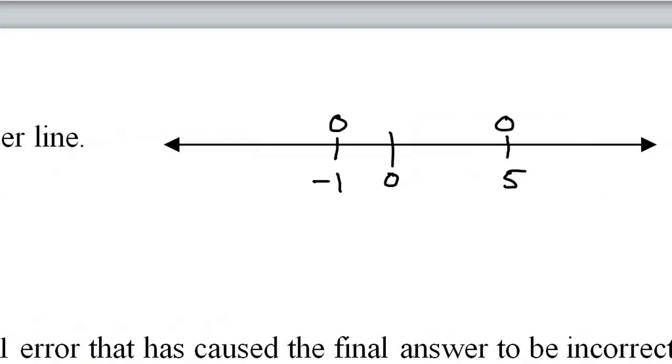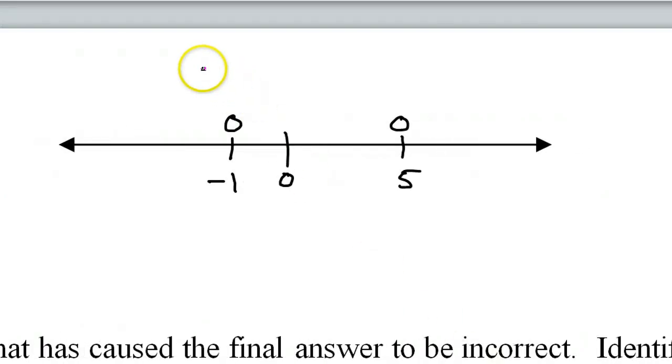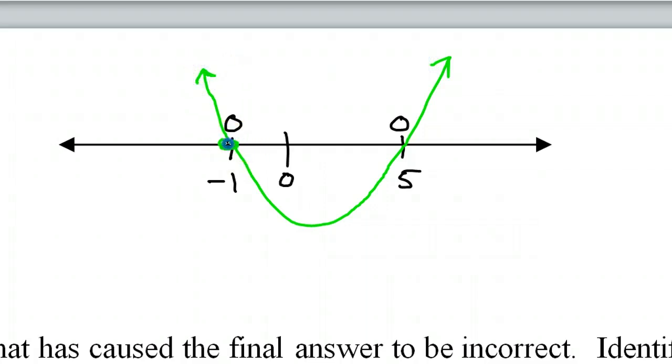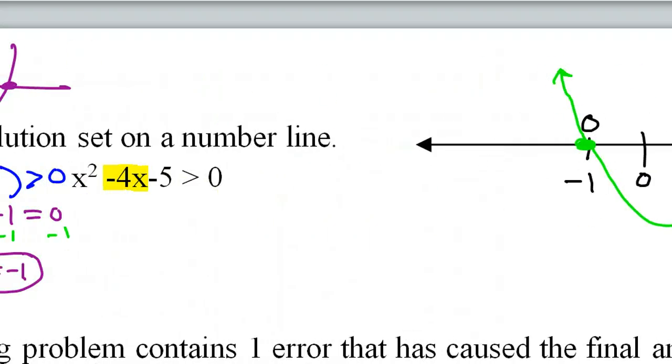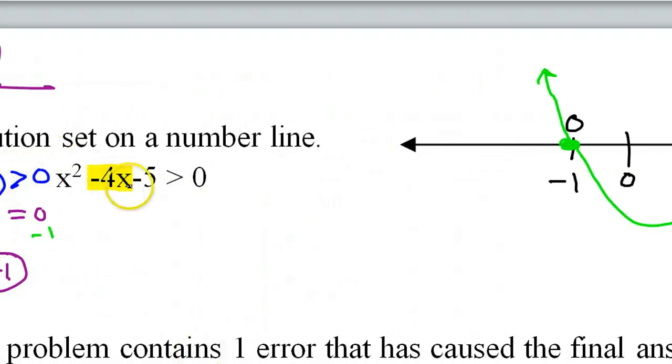So what you should do is picture this upward facing parabola, and you can go ahead and draw it. You've got this parabola like this, and it has these x-intercepts as discussed. Now you look at the inequality here.